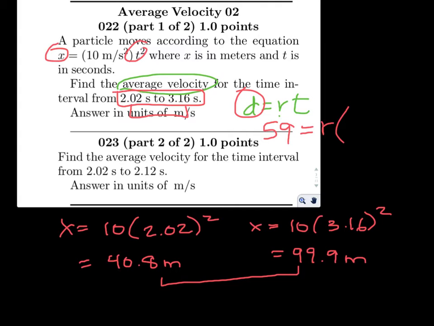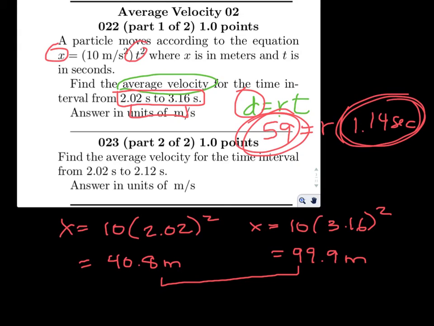And that comes out to 1.14 seconds. So it's our total distance, remember we did this before, divided by our total time. And so we're going to get that our rate is 59 divided by 1.14, 51.8 meters per second. He is flying.